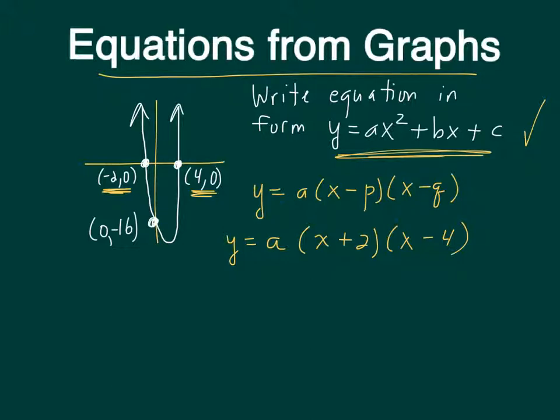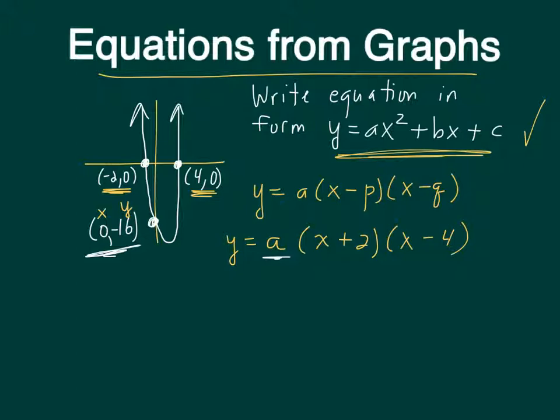Well, the last thing we need here is this a value. So that's where this other point is going to come into play. Keep in mind that with this other point, we really have an x and a y value. So what we're going to do now is use this equation. We're going to plug in 0 for x and -16 for y, and we're going to use it to solve for a.